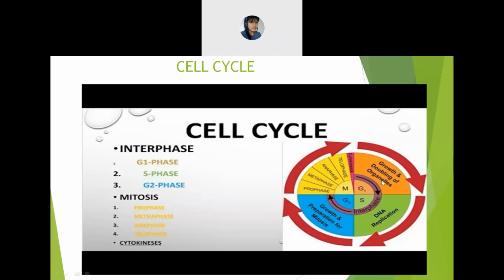Next is the S phase, that is DNA replication. We will discuss DNA later on, but for now, you just know that DNA replication means the DNA replicates. Next is the G2 phase. In the G2 phase, what happens? Growth and preparation for mitosis.